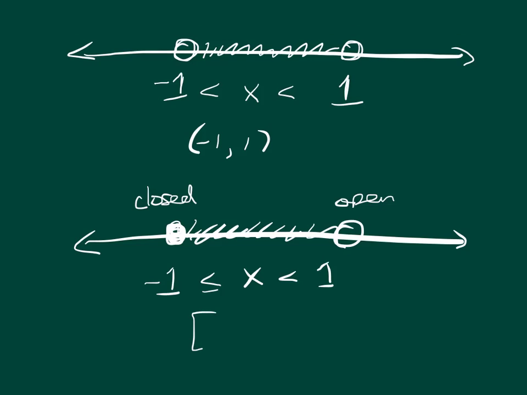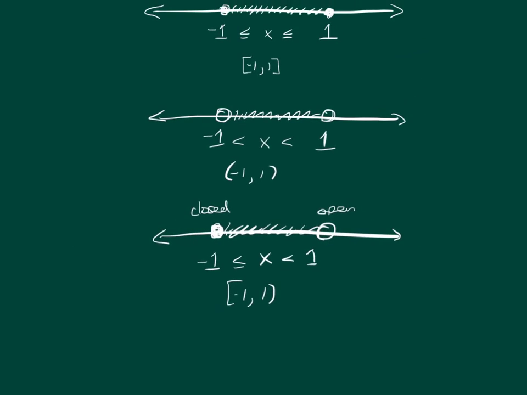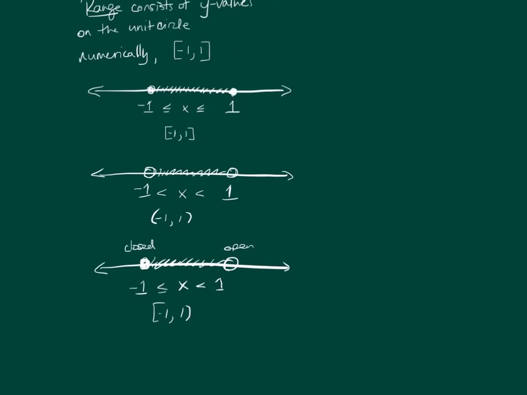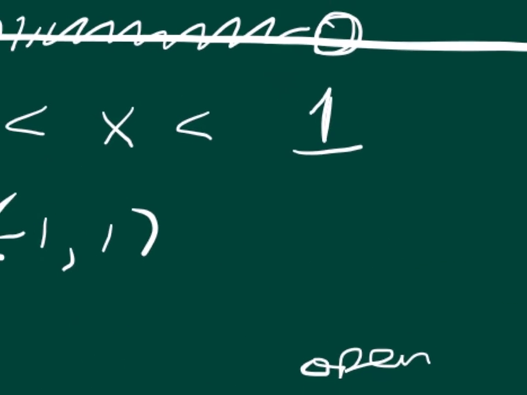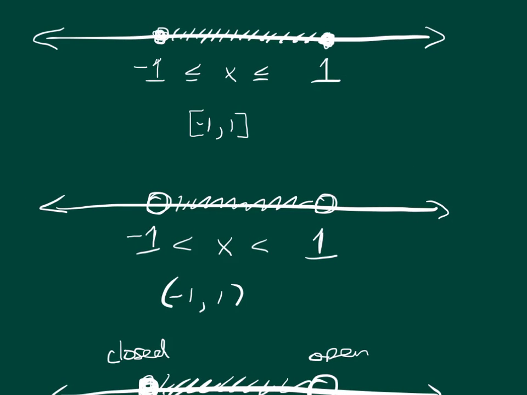And then I'd write it like this. This is just notation, and you're going to see it in the book quite a bit, probably. The reason we have this notation now is it's the most effective way to write the range of sine.